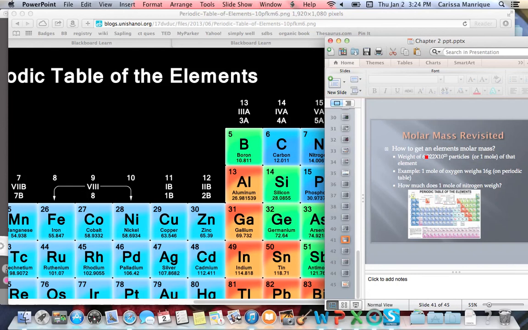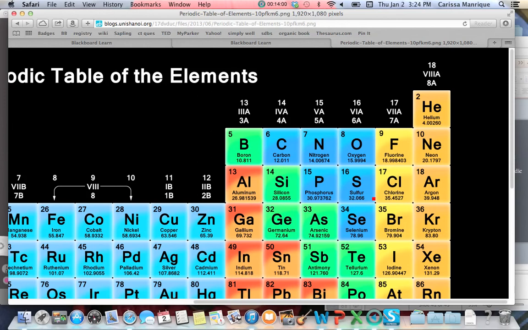So the weight is the weight of 1 mole. So if we come back over here, if we have Avogadro's number, 6.022 times 10 to the 23rd atoms, we weigh out, or we actually count out that many atoms of sulfur, and we weigh that number of sulfur atoms, they're going to weigh 32.066.